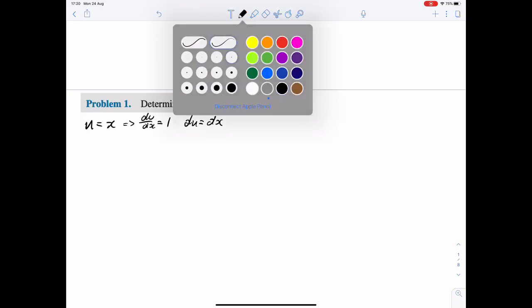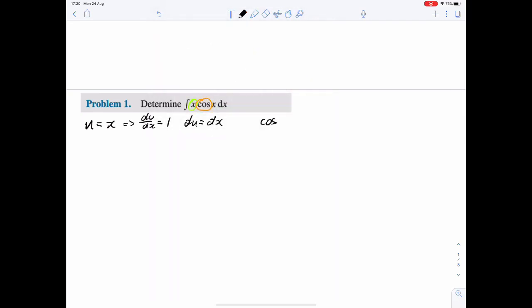Cos x dx is dv. The integral of cos x dx is equal to sine of x, and that is equal to my function v.